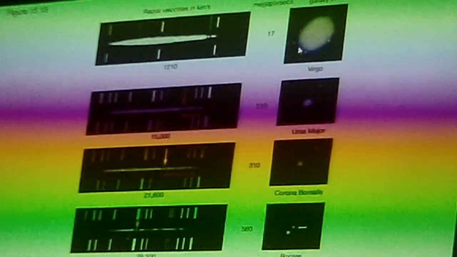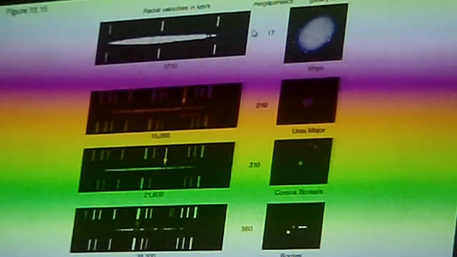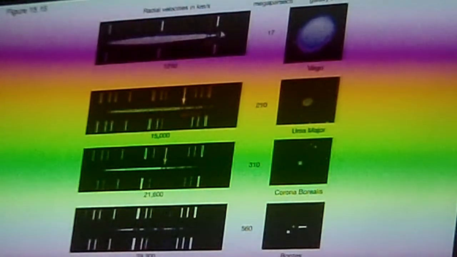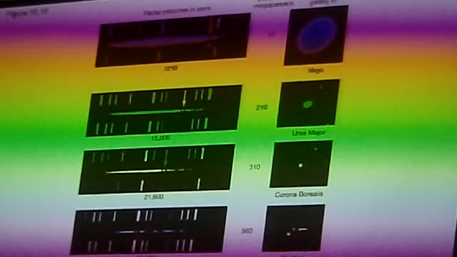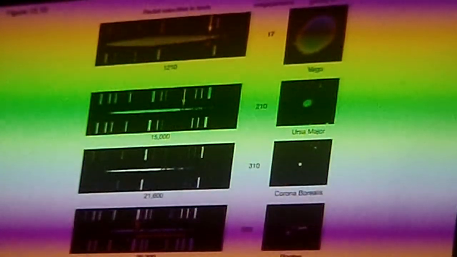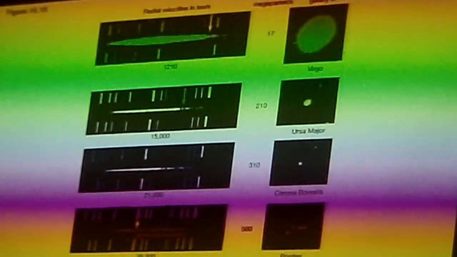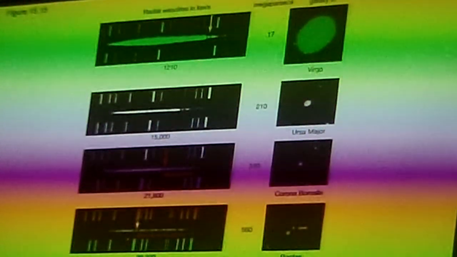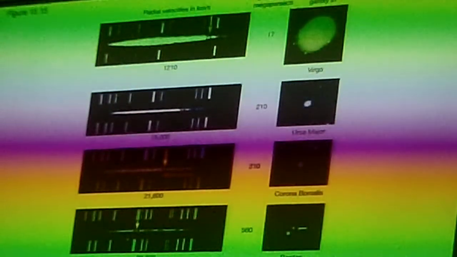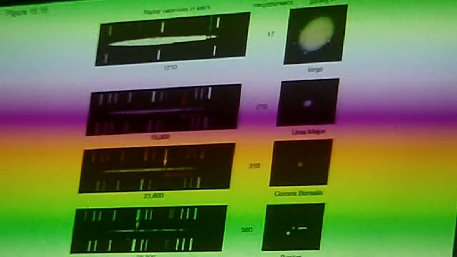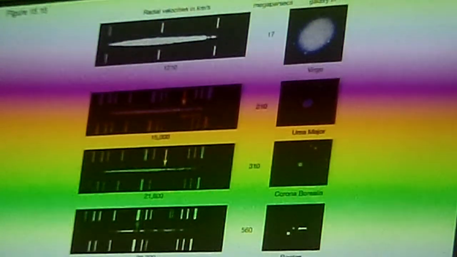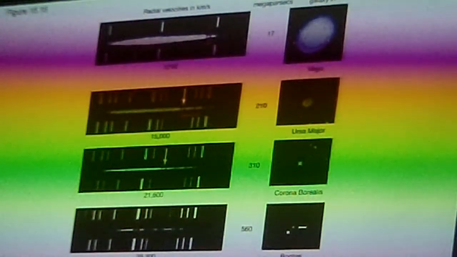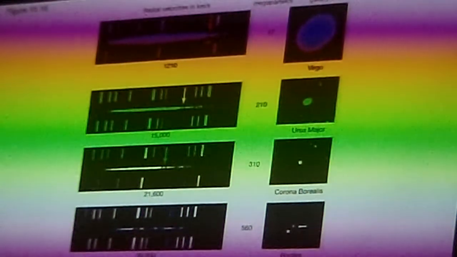And that means the hydrogen gas in the Virgo cluster is moving away from us at a slow speed, but the hydrogen gas in the Hydra cluster is shifted way over this way to the red part of the spectrum. And we can tell by how far it shifts how fast it's going: 61,200 kilometers per second away from us. It's receding from us at that rate.